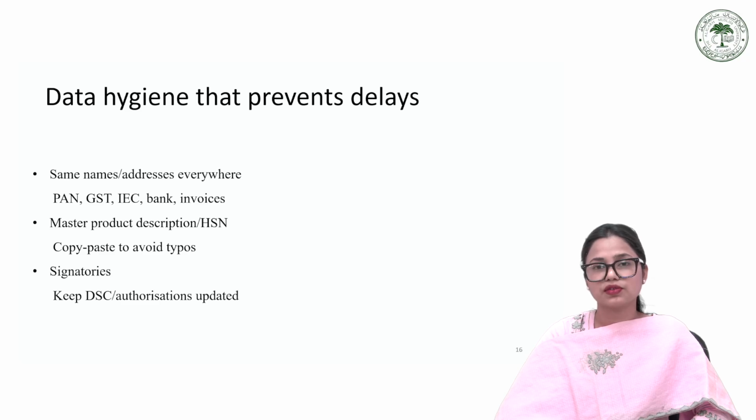This means that if there is any change that has happened in the company, exporter company or importer company, that must be notified to the bank and also must be updated in the IEC profile in accordance with the DGFT rules.